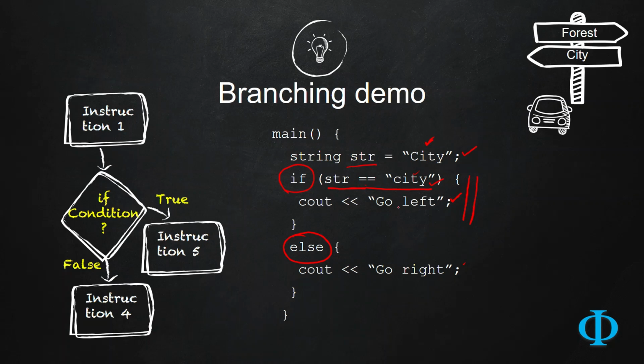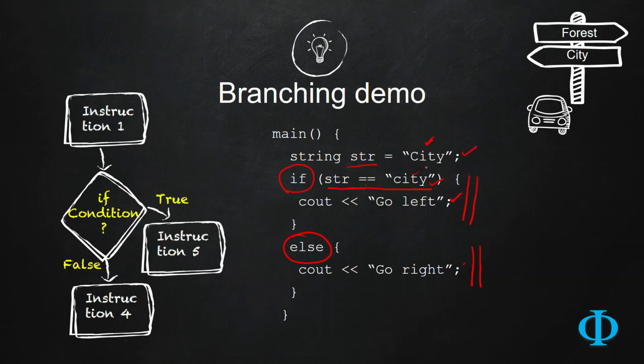And if it is false, then instead of executing the statement inside if, it will directly come to this else part and execute the part in here.